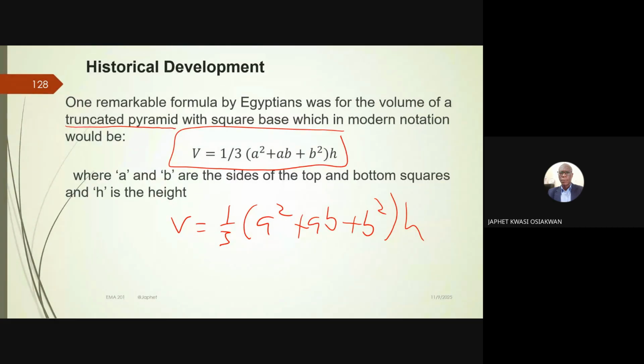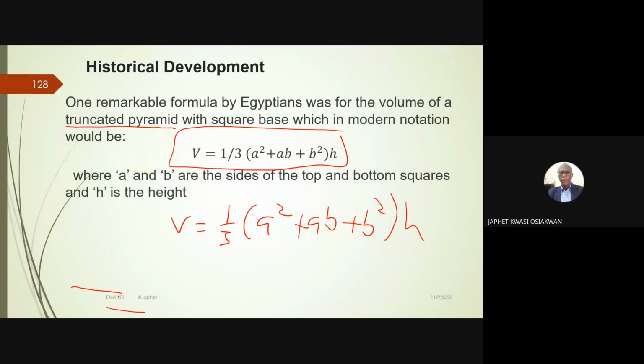This is the volume of a truncated pyramid or a frustum, where a and b are the sides of the top and the bottom, and h is the height.